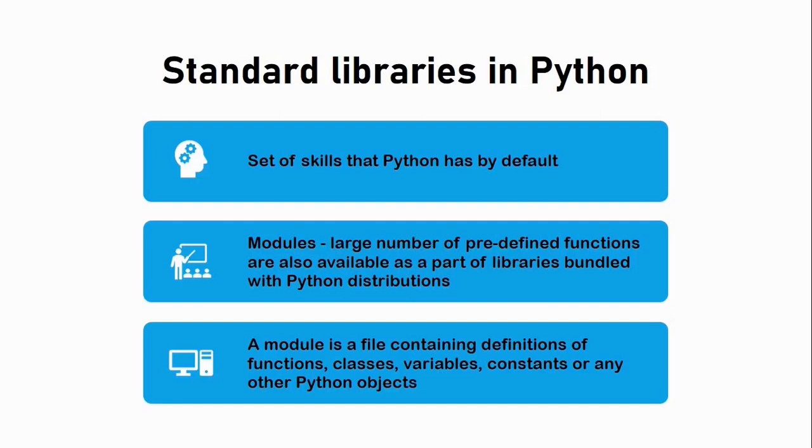Modules are a large number of predefined functions, available as a part of libraries bundled with Python distributions. For example, mathematical functions is a module, mathematical functions for complex numbers is another module, and pseudo random number generation. All these are modules that are available in standard libraries. So in a nutshell, you can say that a Python library is a reusable collection of code that you may want to include in your programs.